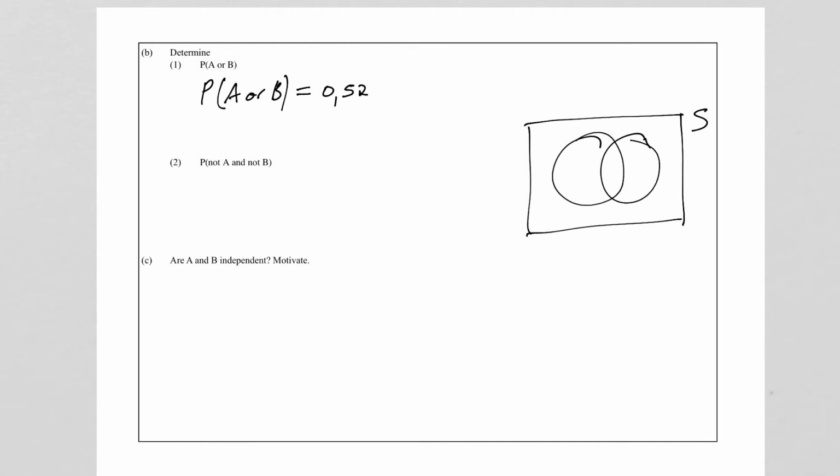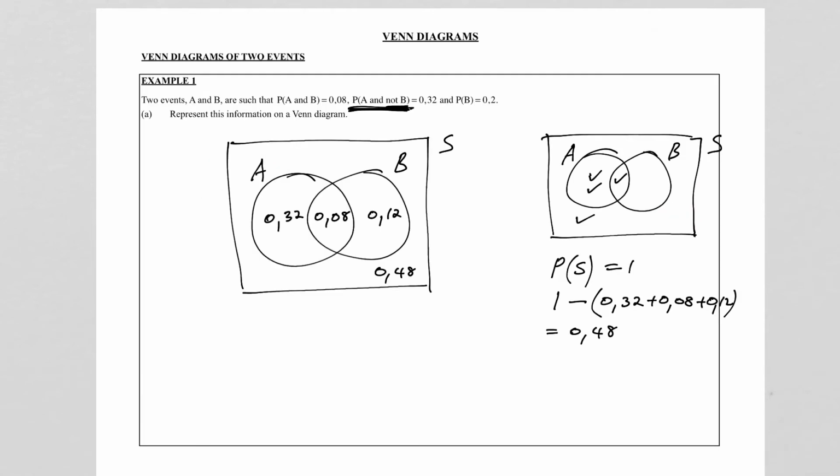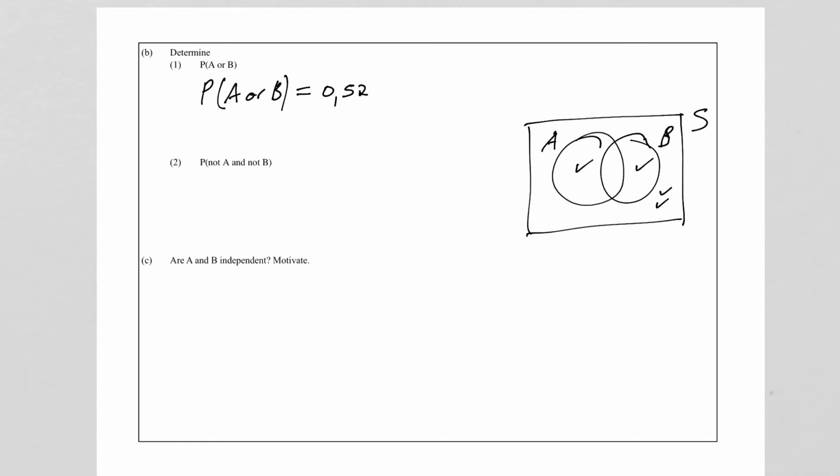Not A is everything except A. So this is my A and that is B. So everything except A is this one and outside. Everything except B is this and outside. And now they ask us for and, which means the two ticks. That is where and is. So what they ask us to find here, this probability, is the outside, is the 0.48. And I hope by using these little ticks you can see it's not too difficult to find it.